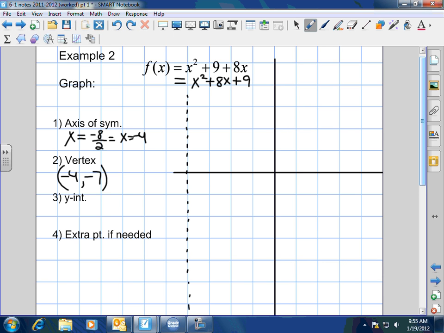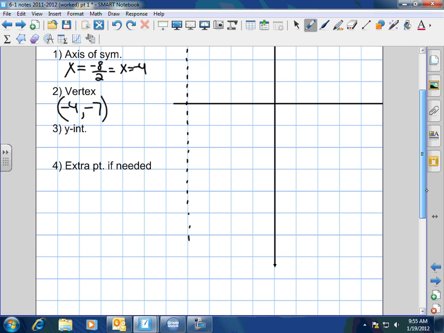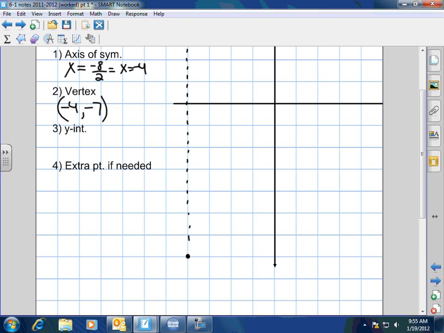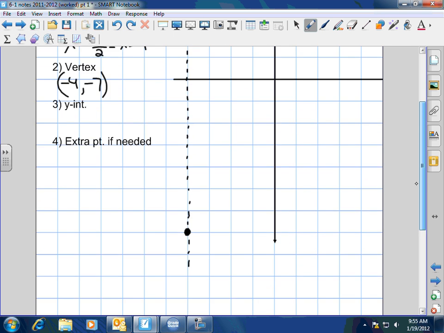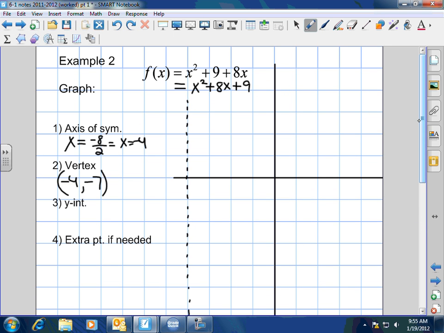So I've got here 1, 2, 3, 4, 5, 6, 7. So negative 4, 7. That's my vertex. What is my y-intercept? When x is 0, the y-intercept is 9. Positive 9, correct? Okay, well, I should have gone a little bit higher here.